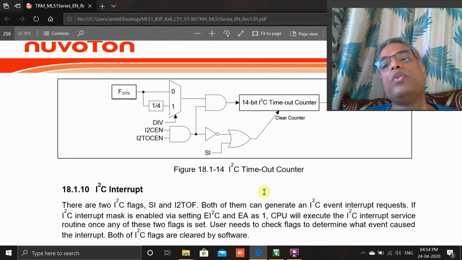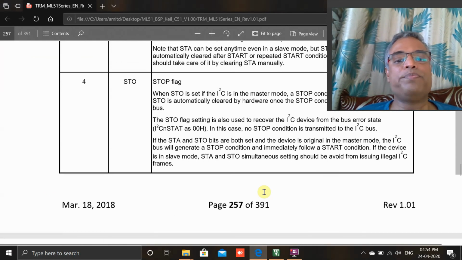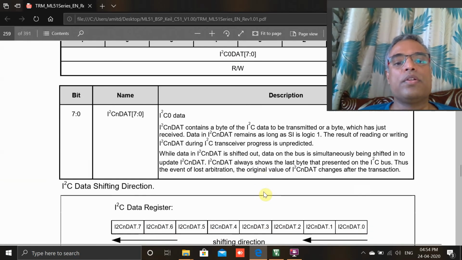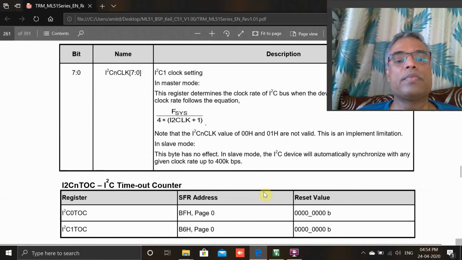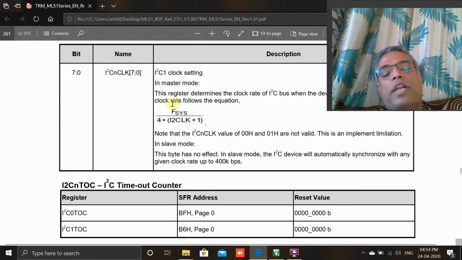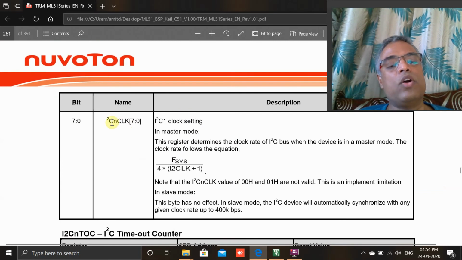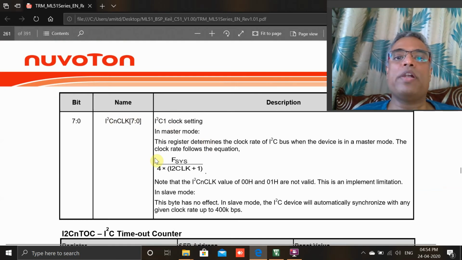So this gives you a very clever mechanism to recover from an I2C latch up. Okay, now having said that, I just wanted to show you one more thing, regarding the baud rate for the I2C setup. For the baud rate equation, there is a register called the I2C clock 8-bit register, which allows you to set the baud rate for the I2C.